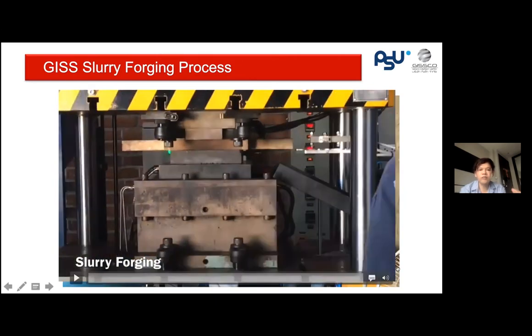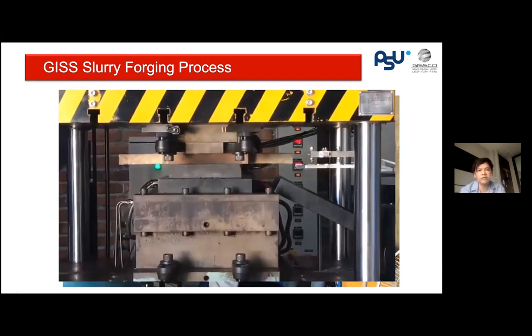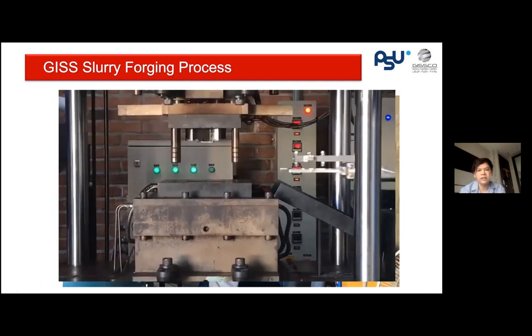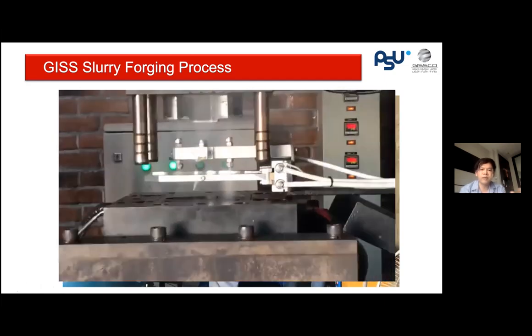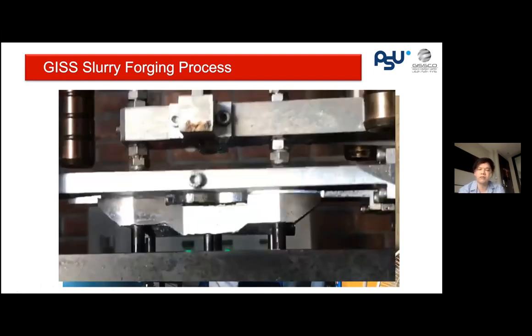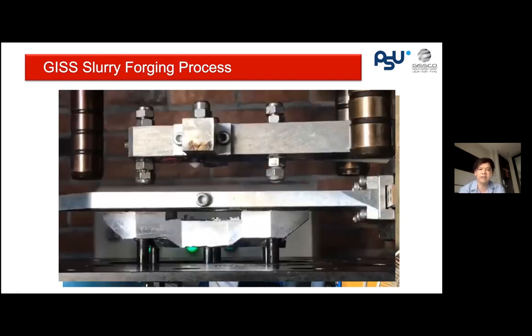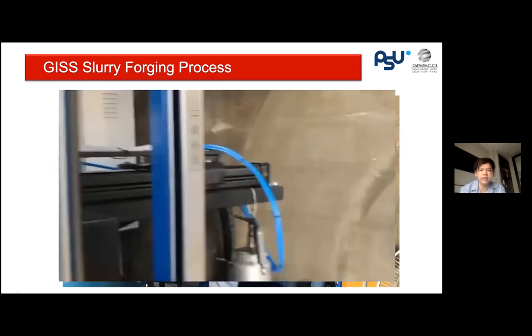And then we can pressurize that. So we designed our own machine, which we call a slurry forging machine. And it allows us to cast big parts with small tonnage. This machine has about 100 ton, or actually 60 ton tonnage. And we can cast 6000 series, 7000 series with no porosity.